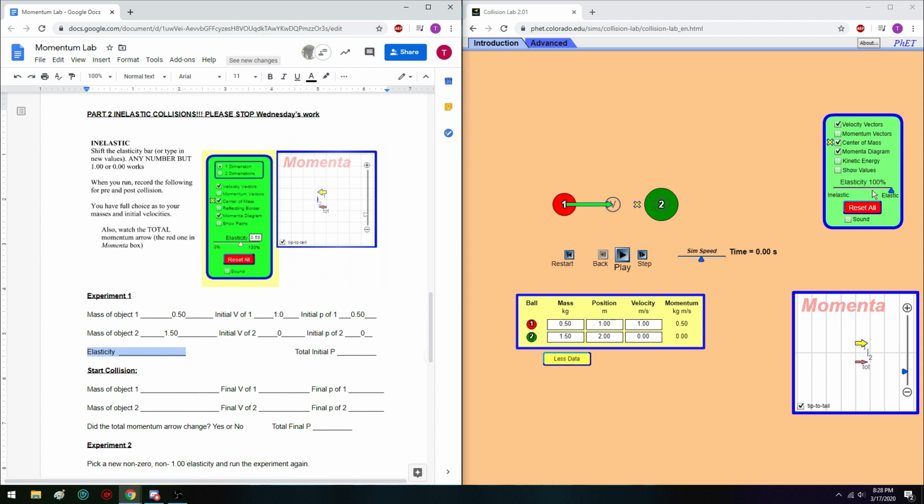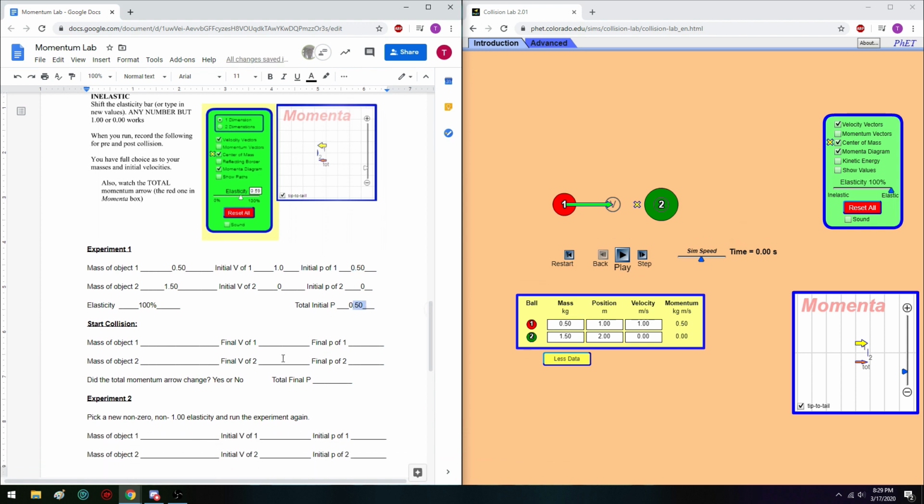So we have a 100% elasticity, so you need to put 100%. Now the total inertia, if you use 0.50 plus 0, gives you 0.50 back. All we did was add this number and this number together to get the total.